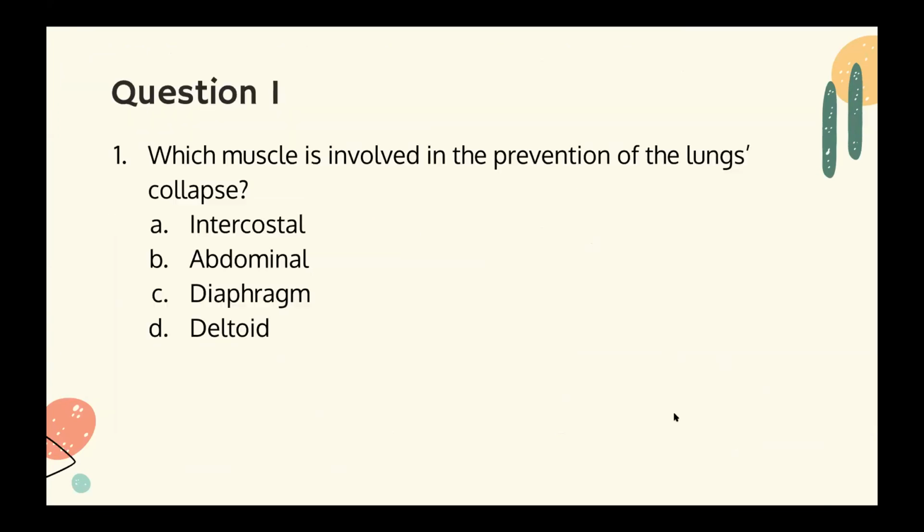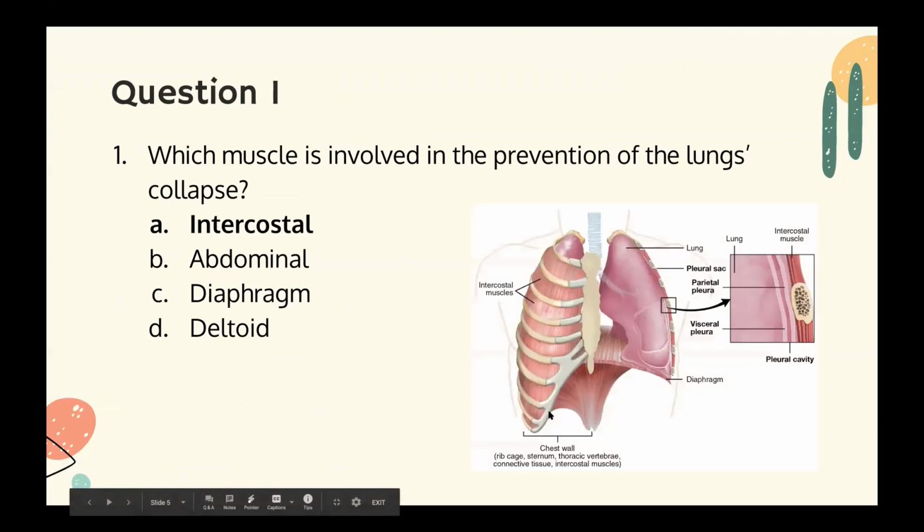All right, so would anyone like to volunteer their answer for question 1? Okay, so the correct answer for this question is actually A. This question was more of a fact that you have to know about the anatomy.